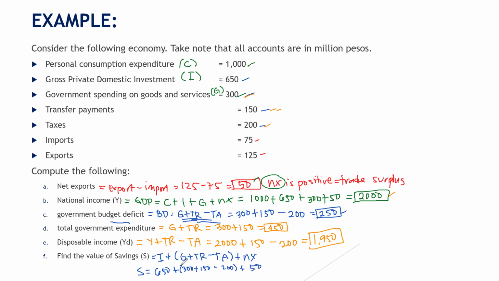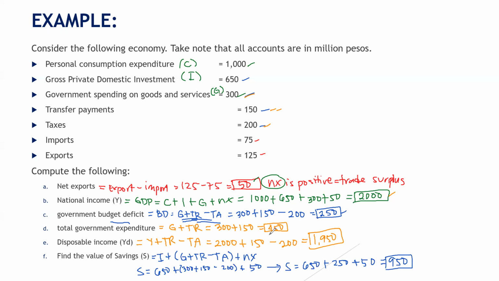So computing the budget deficit, savings is equivalent to 650 plus the budget deficit, which is 250, plus 50. So we have here 950. So this is now the value of our savings.